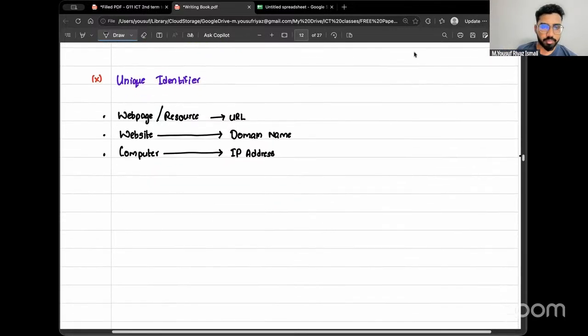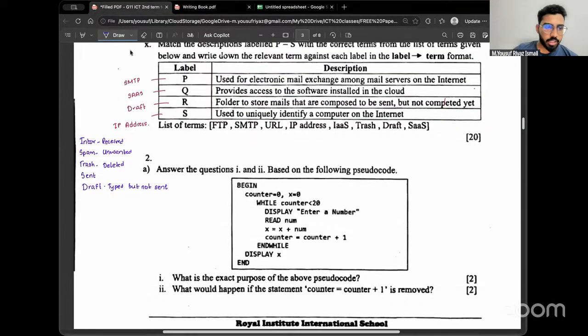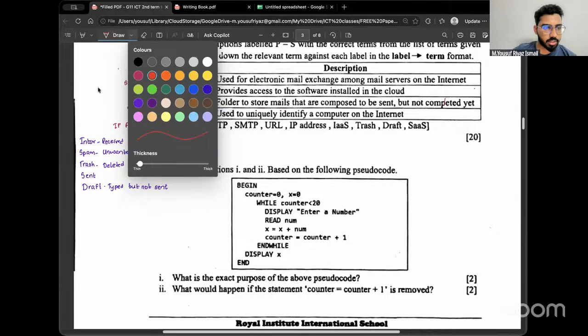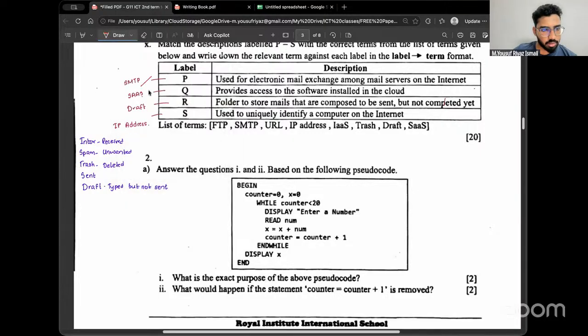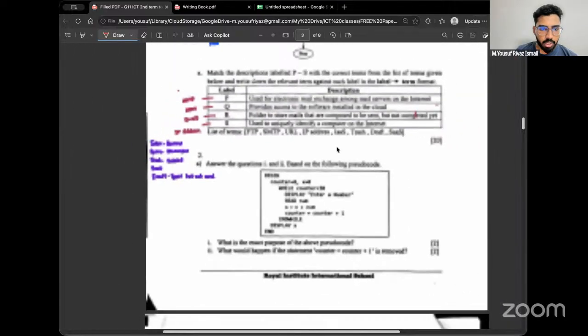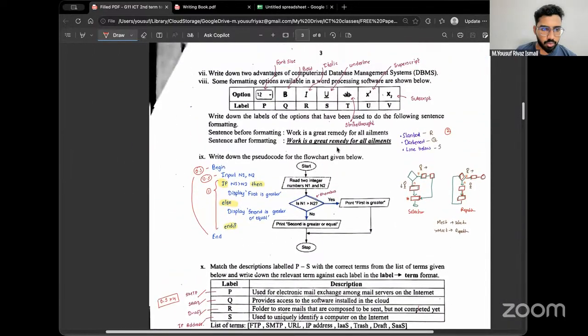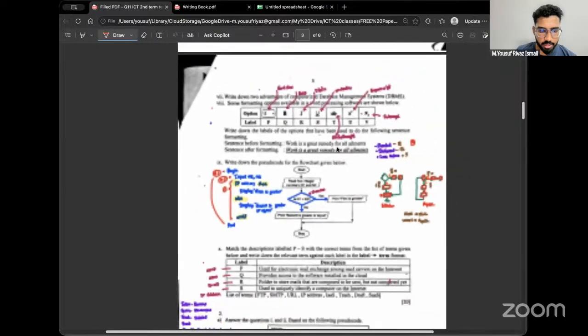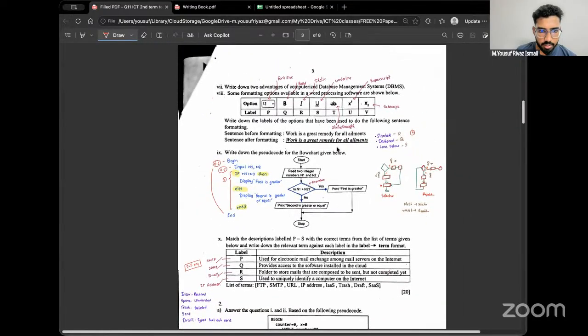In this question, you can put half marks each. All of you, let me know your marks out of 2, 4, 6, 8. If you have any questions, drop them in the chat.